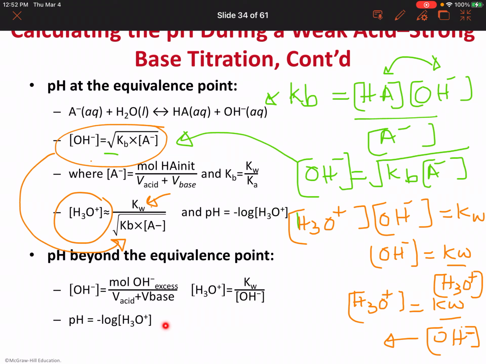From there you can find the pH of the solution.